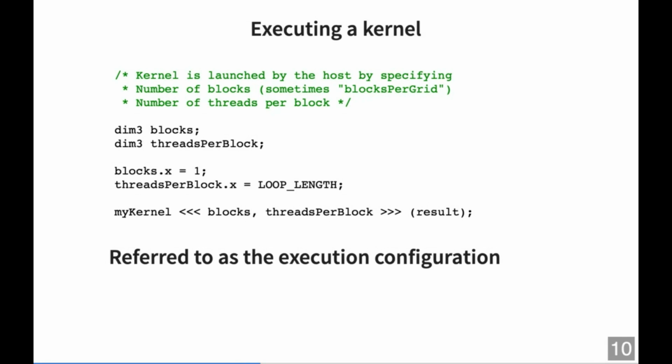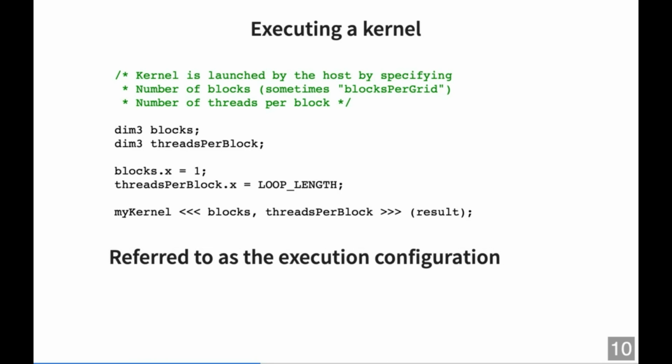To recover my loop, which went from 0 up to loop length minus 1, I need to execute that kernel in such a way that I have the right number of threads, and each thread will perform one iteration of the loop effectively. So this is the way that it's done.